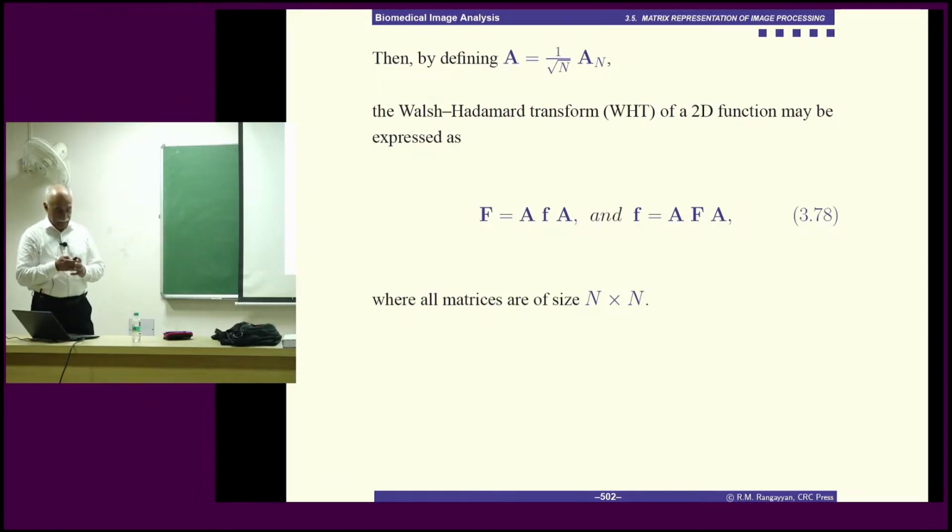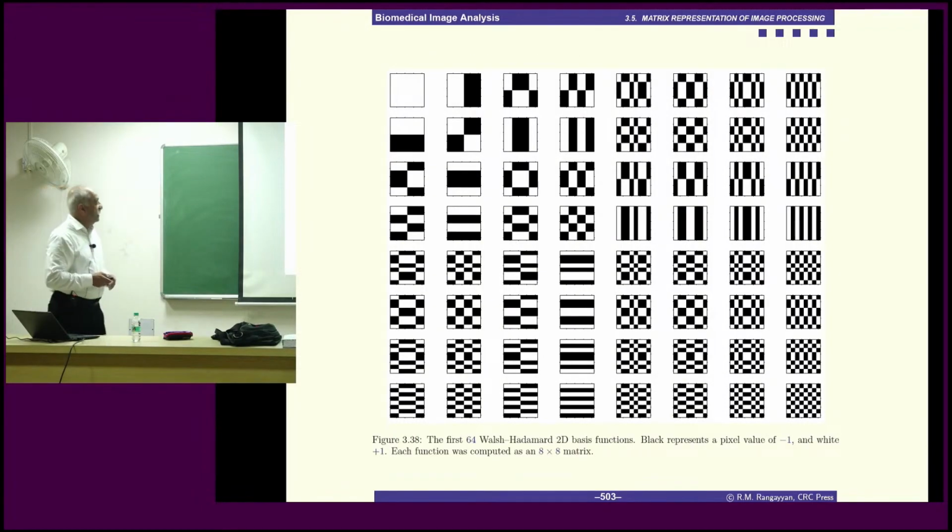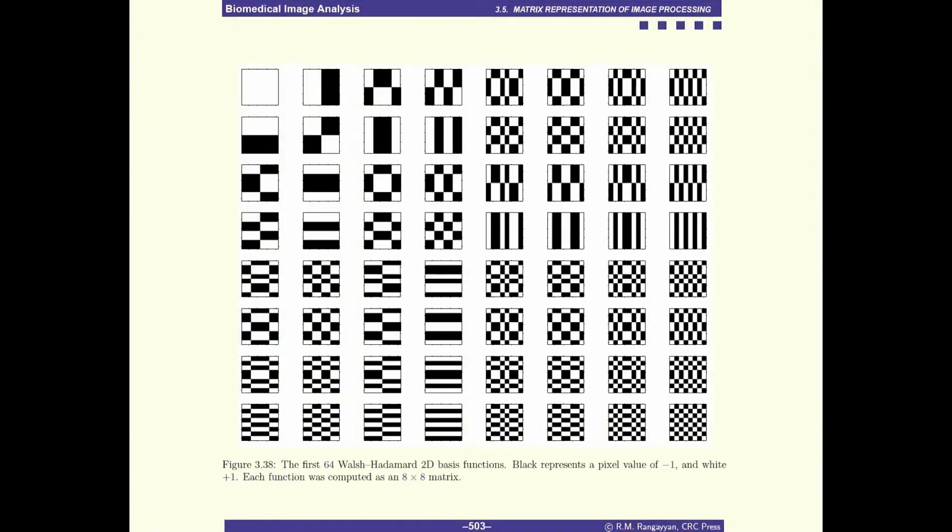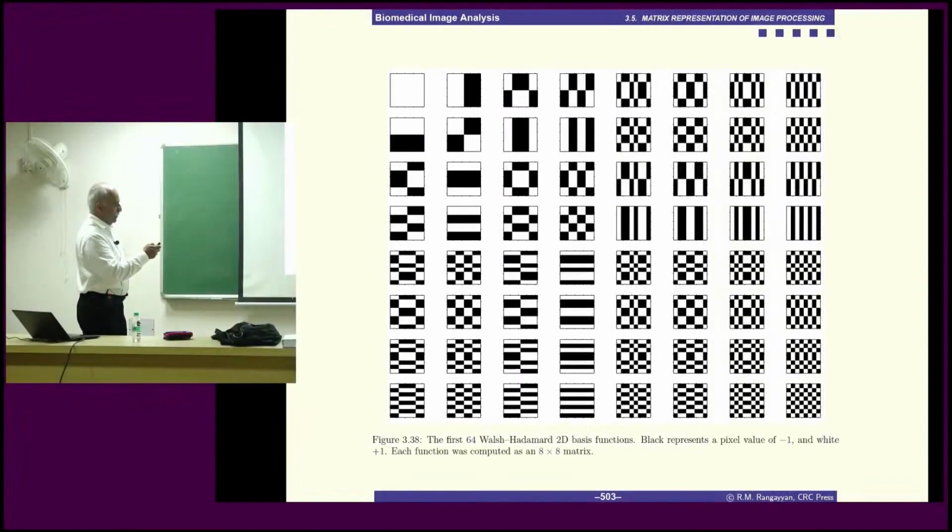Okay? So these are the first 64 Walsh-Hadamard 2D basis functions. Black is -1, white is +1. So just one change here. And here you get a chessboard pattern.